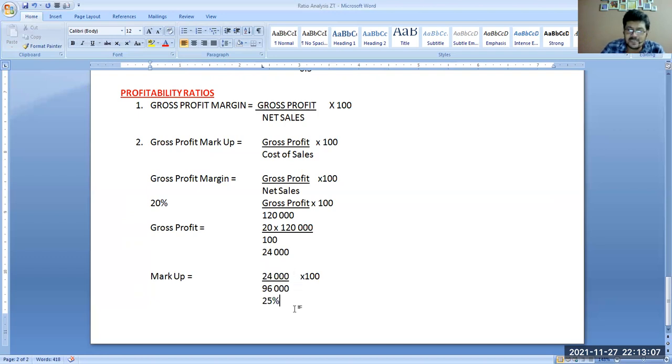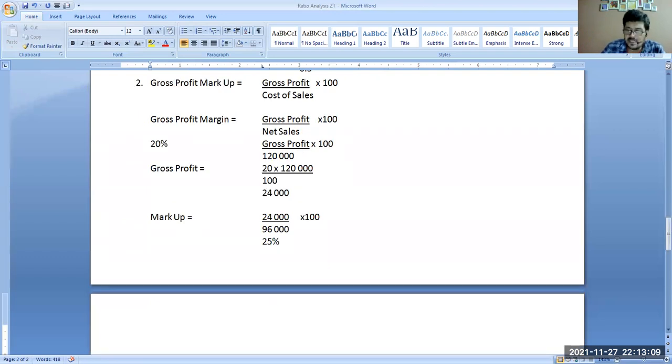Now our next formula is net profit margin. How to calculate net profit margin is easy.